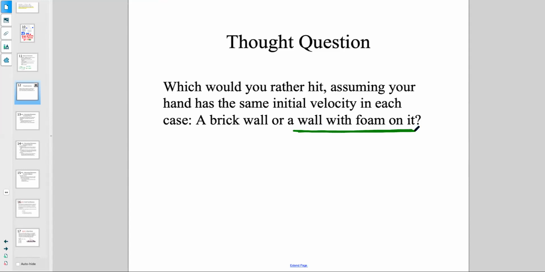I would rather hit a wall with foam on it than a brick wall, right? Let's see what the reason is. We'll get back to this thought question shortly, but have that in mind, all right? You are punching a brick wall or a wall with foam on it.